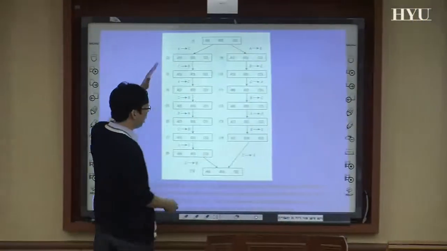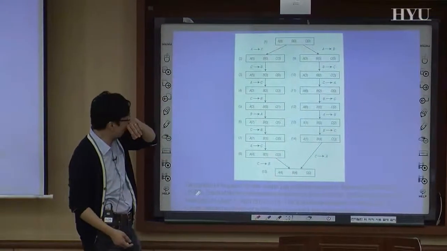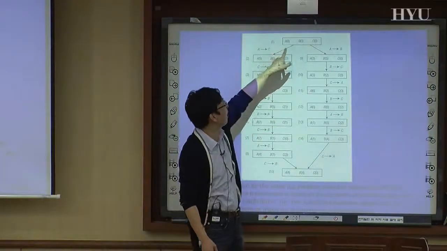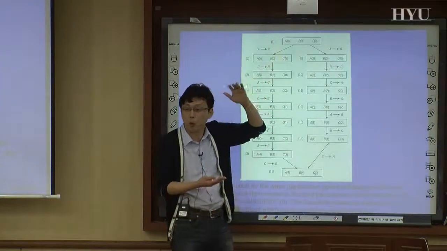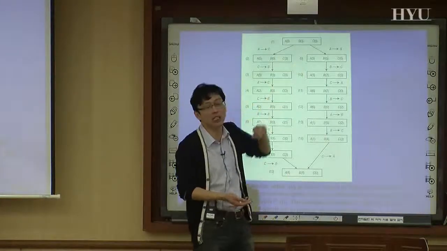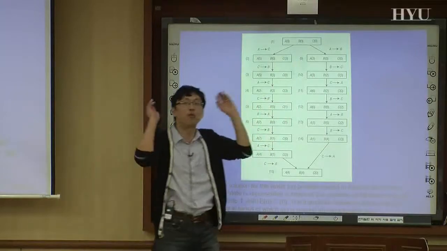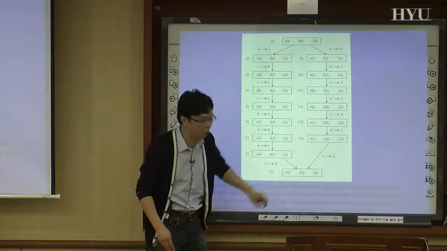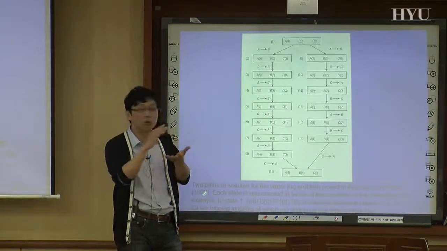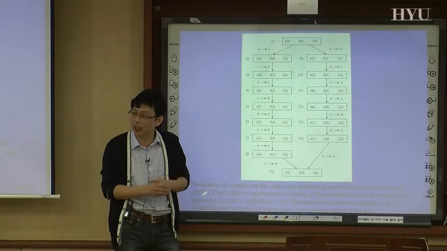So that is our textbook example. Our main goal is this one. We have 8 liters of water in jar A, and the B jar and C container don't have any water. Our final goal is 4 and 4. We have 4 liters in cup A, and 4 liters in another cup B, right? That is our goal.